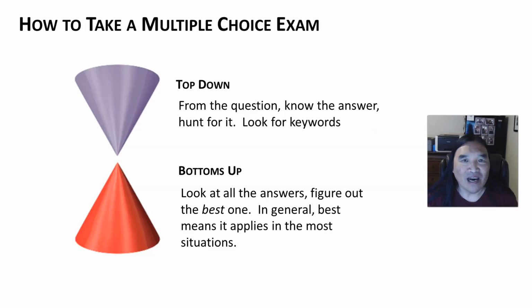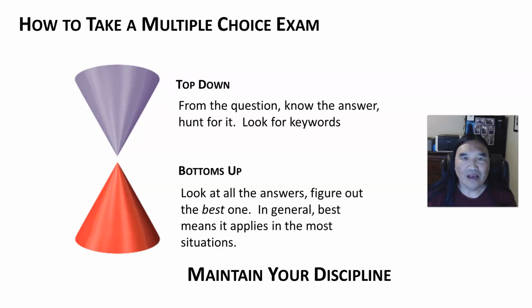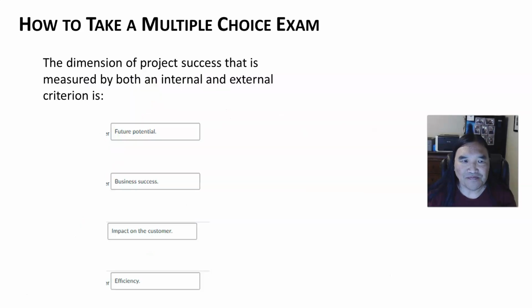That's what happens a lot in bottoms-up questions. You end up picking answers that are actually correct, but they don't count, because you have to pick the best answer. And there's always something subtle or something that comes from the question that points you in the right direction. The key to all this is maintain your discipline.